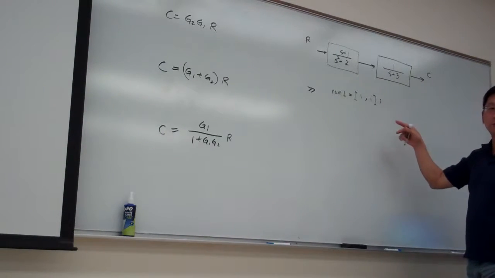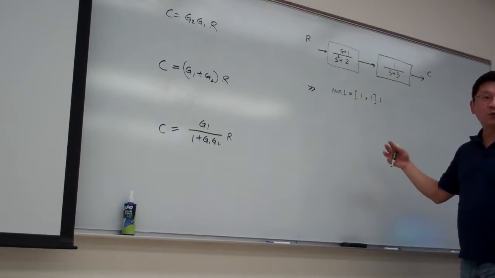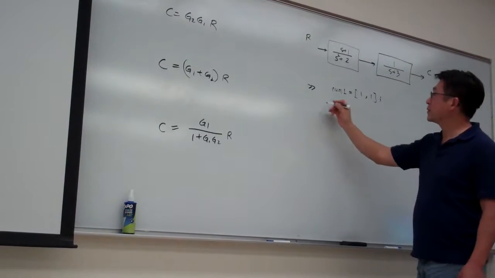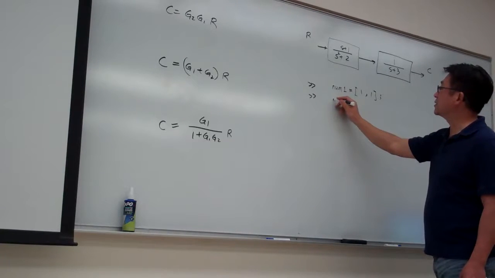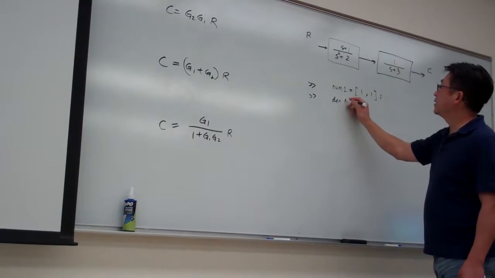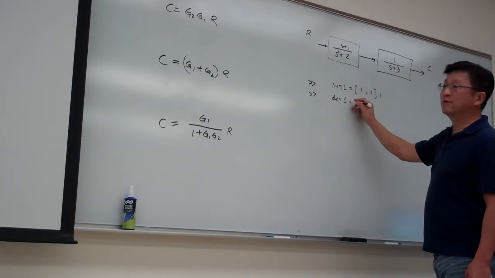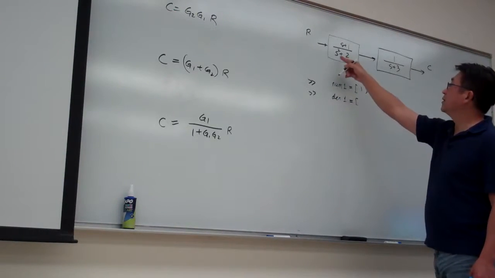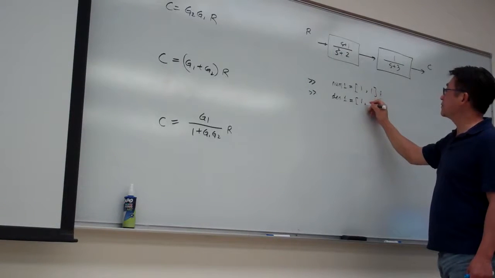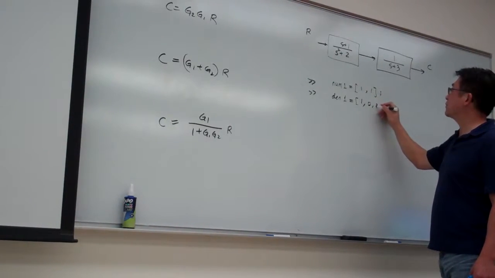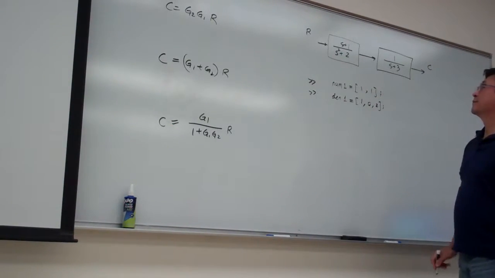Once you hit return, MATLAB will display it. Then you put the denominator den for the first function, again the coefficients from the highest degree in descending order: 1, 0, 2. Okay.